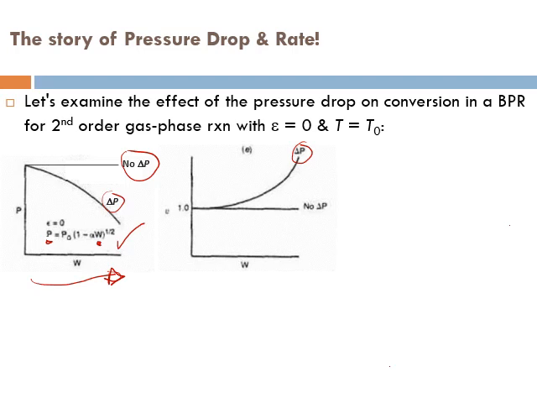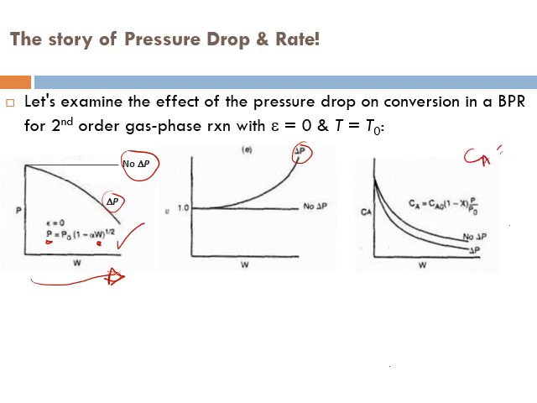Therefore, you have higher volumetric flow rate. If you have a higher volumetric flow rate, that means you'll have lower concentration in a case where you have pressure drop compared to a case where you do not have pressure drop.